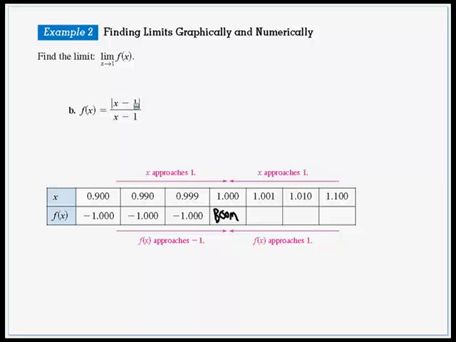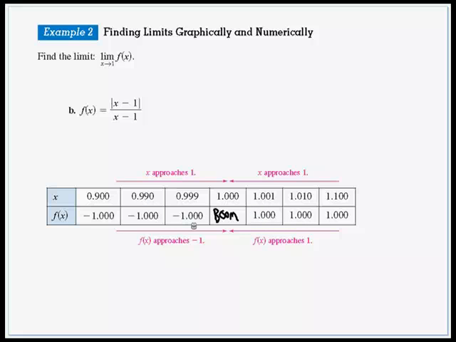So we'd have absolute value of 1.1 minus 1 divided by 1.1 minus 1, and we'll see an output of 1.0. And get closer to 1, 1.01, same output of 1. 1.001, we're getting closer and closer to the hole in the graph at the x value of 1, and we have an output again on the y-axis of 1.